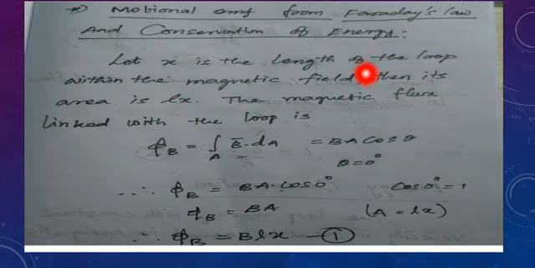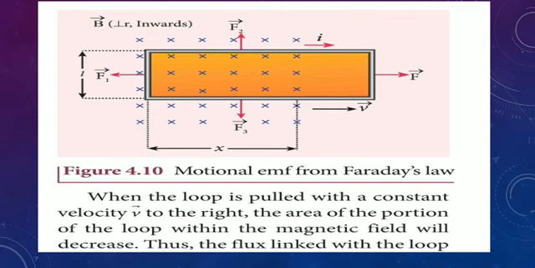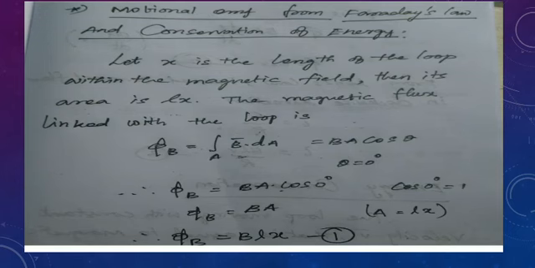So X is the length of the loop within the magnetic field, and the area is length into breadth, that's why L into X, right?